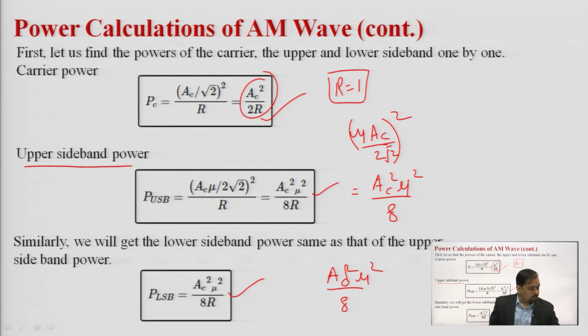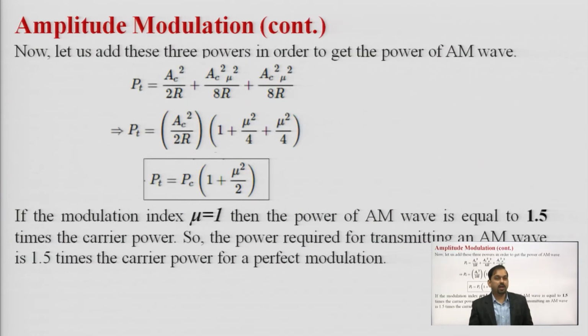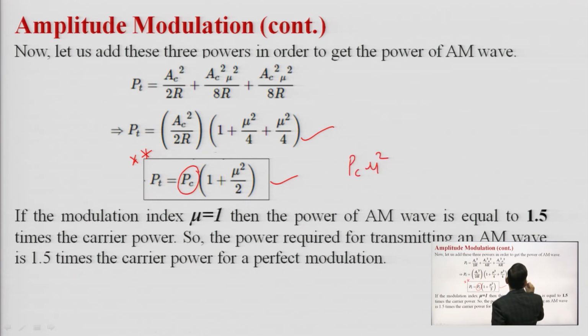Now we are clubbing all these 3 terms because we are interested in calculating the total transmitted power of the AM signal. So, PT equals PC times 1 plus mu square by 2. This is the most important relationship, where PC is the carrier power and PC mu square by 2 is the total sideband power.